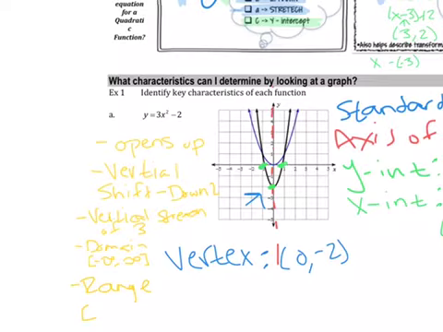That one is going to be -2 as its lowest, and it's going to continue on to infinity, because that one's going to go all the way up. Notice its lowest point is right there at -2, but it goes all the way up, and we have no idea when it's going to stop. So we're going to say that it's positive infinity as the limit for its range. Okay?